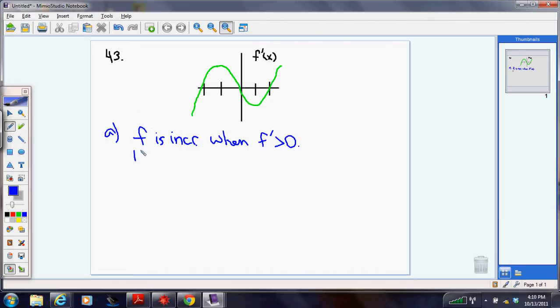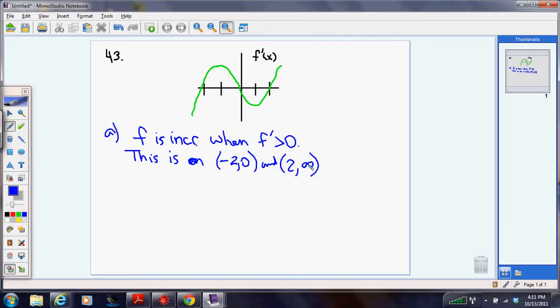So this occurs on, I'm just going to put "on" for economy of writing here. We use the word on for intervals here, so we said -2, 0, and from 2 to infinity.